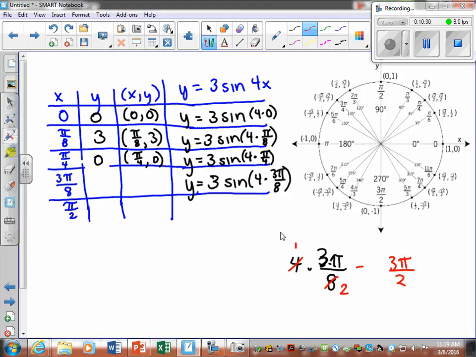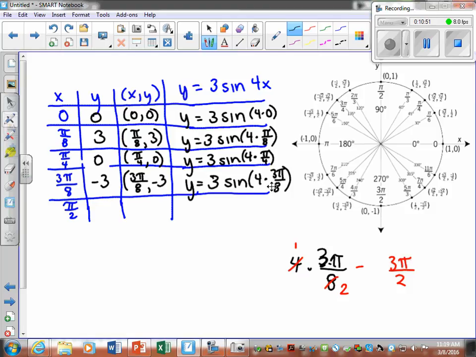So what is the sine of 3 pi over 2? -1. Good. So that means all of this simplifies to -1. Well, what's -1 times 3? -3. So our ordered pair is 3 pi over 8, comma -3.